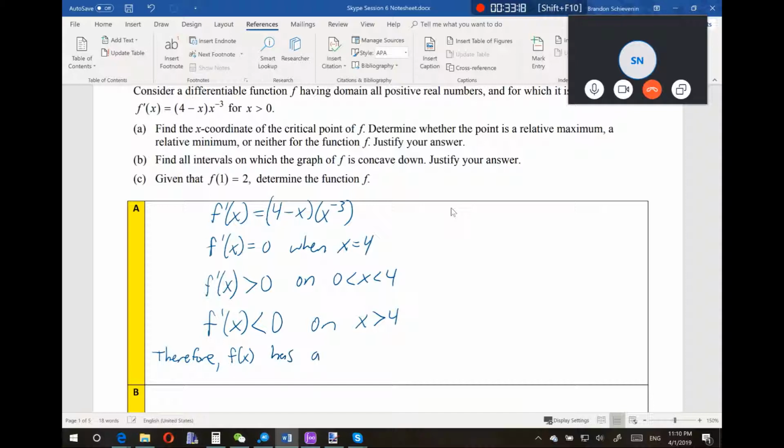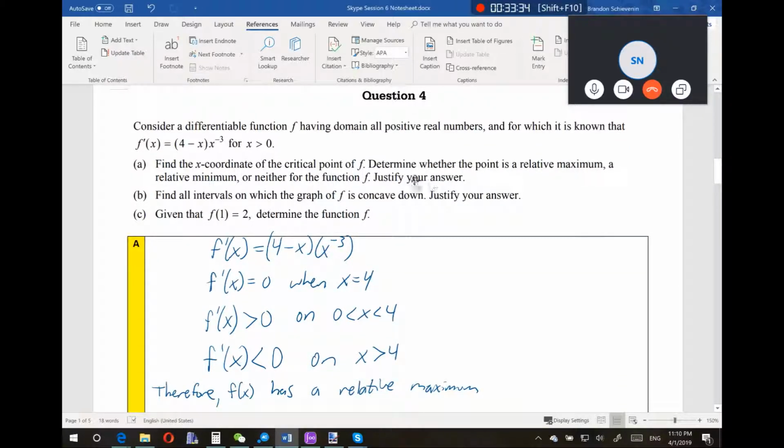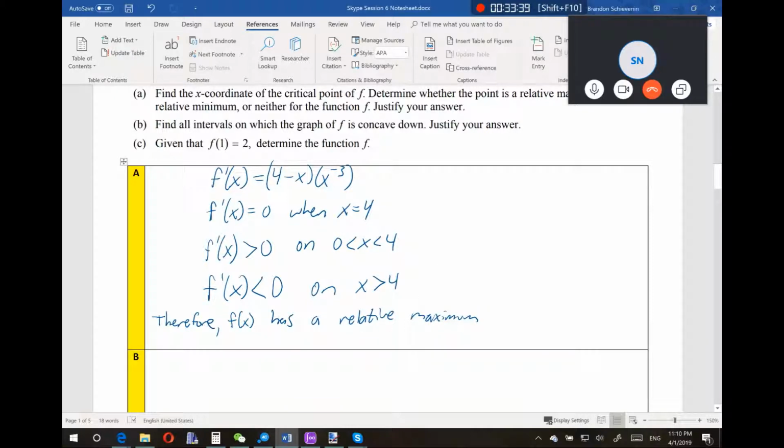Actually, the absolute maximum for f. You're right, but we were only asked to determine whether it was a relative maximum, minimum, or neither. So I'm going to stick to relative maximum for the wording, because that's what they asked for here. But you're right. f of x is a relative maximum at x equals 4.